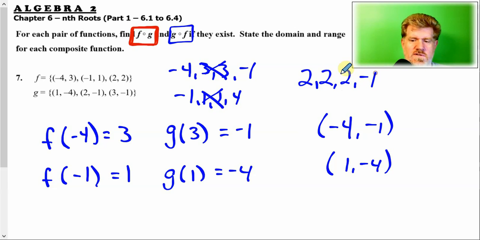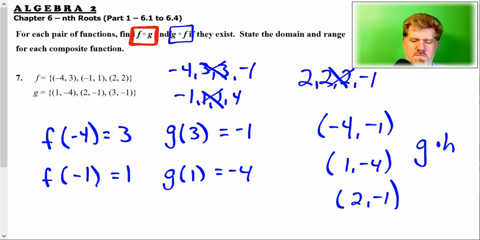I do. This is G of F. Whoops, I put H. That was weird. So it's a circle. It's not multiply. That's how those work. Now, if you have anything where it doesn't match up, then they don't exist.